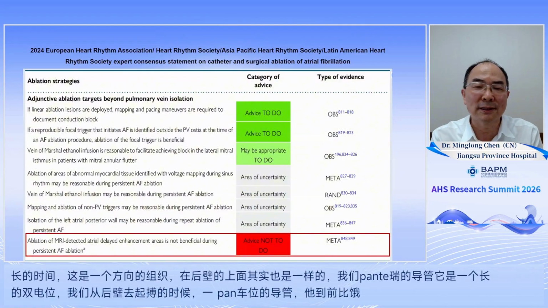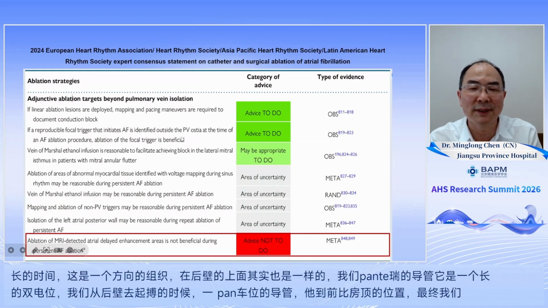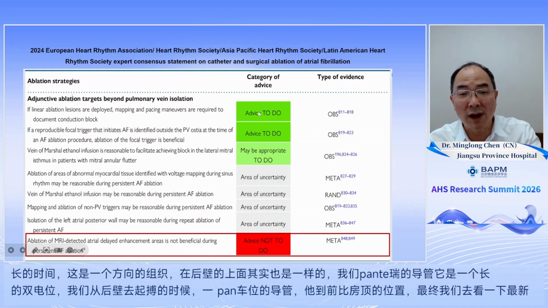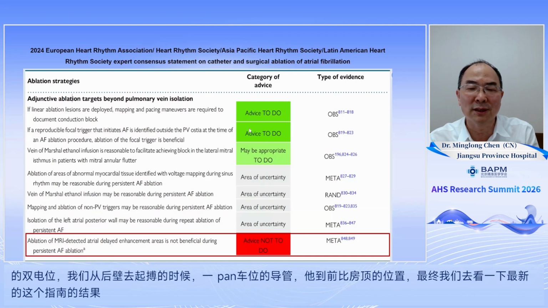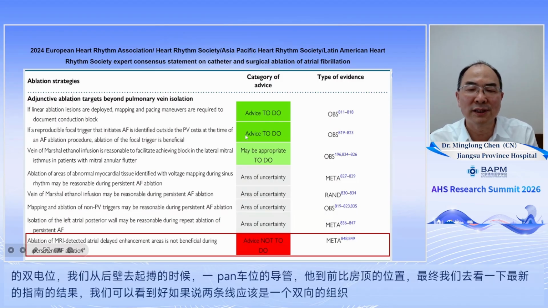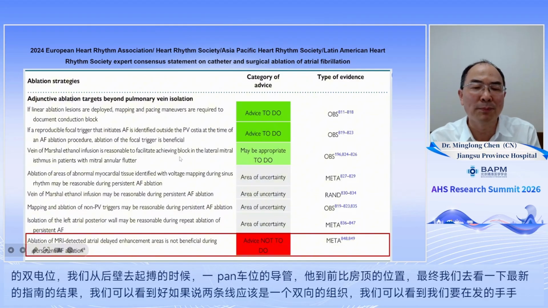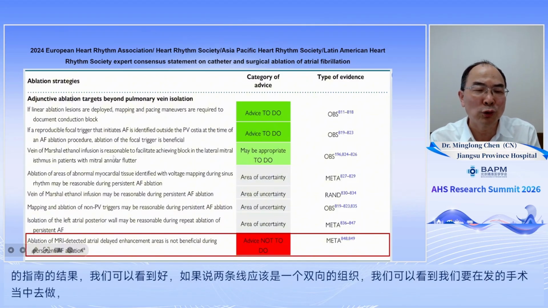Finally, let's go over the very latest expert consensus. These are the class 1 recommendations. If you do a line, you should achieve bidirectional conduction block. Simultaneous non-PV triggers should be addressed in de novo procedures. And if the mitral flutter cannot be terminated by endocardial ablation, you can do vein of Marshall ethanol infusion.